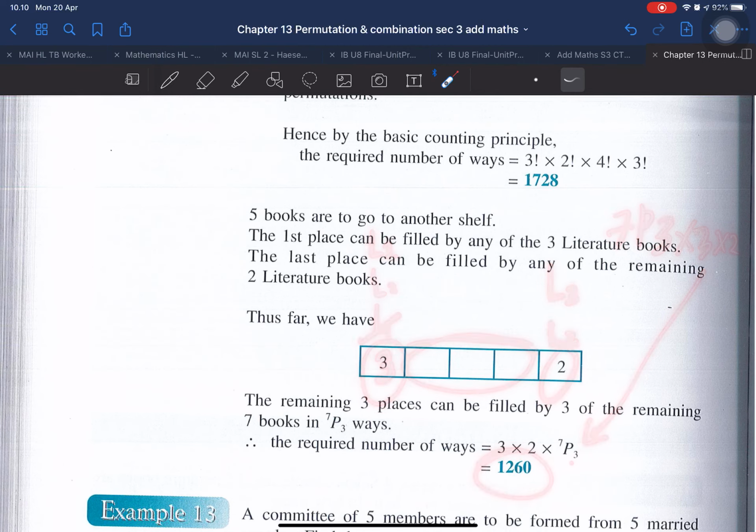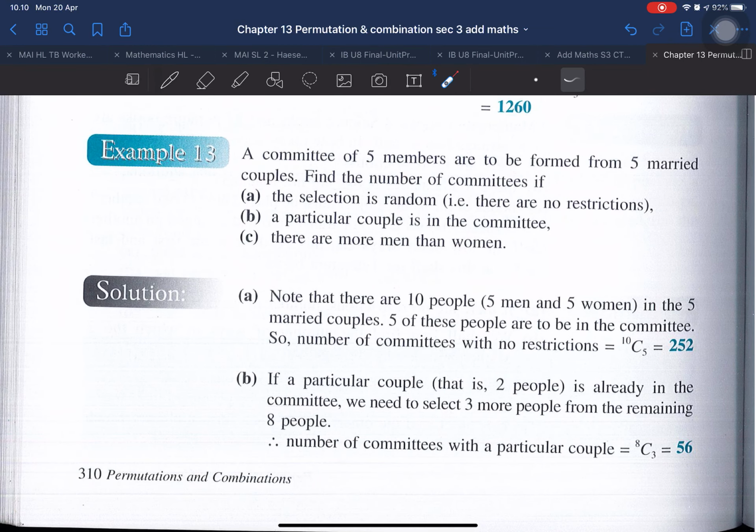Okay, now next question. A committee of 5 members. So 5 plus 5, 10. From those 10, we select 5. So 10C5. Simple. Now, a particular couple is in the committee.